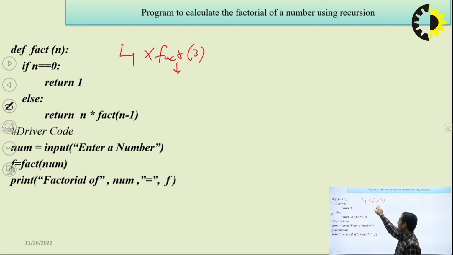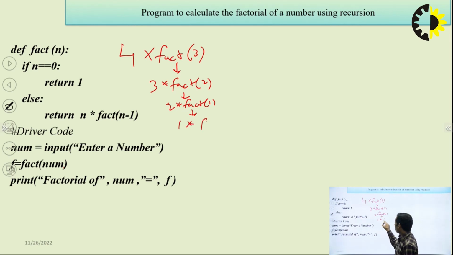Then again it calls the recursive function: 3 into fact 2, then 2 into fact 1, and then 1 into fact 0.